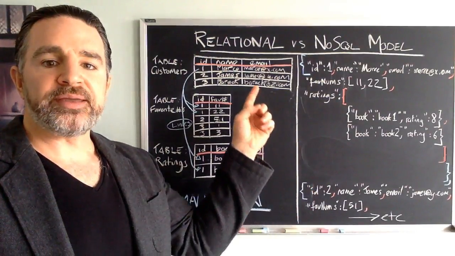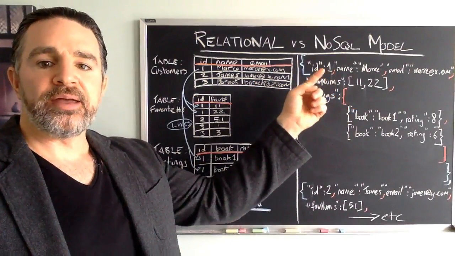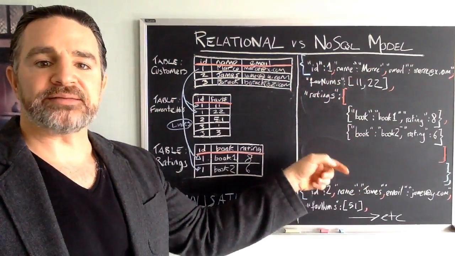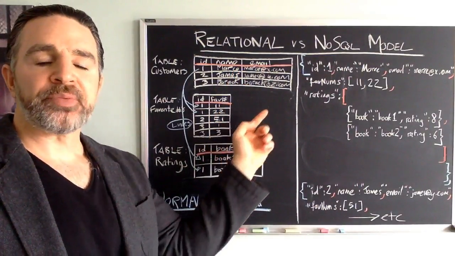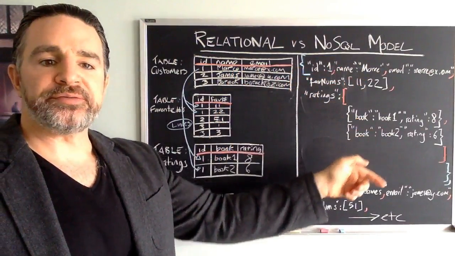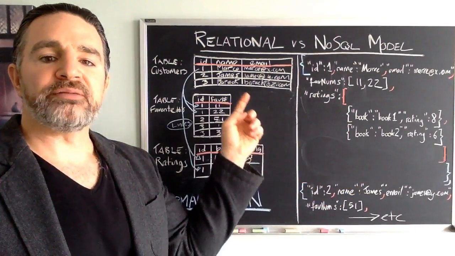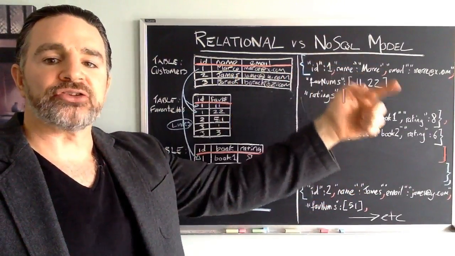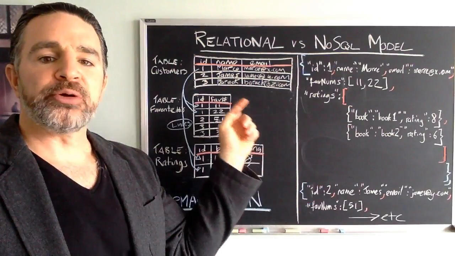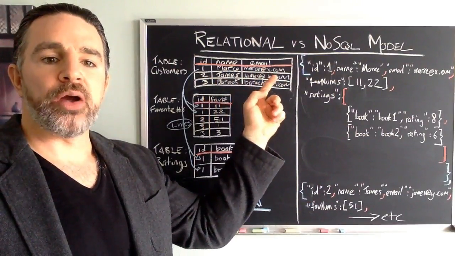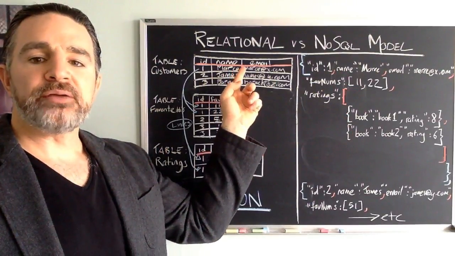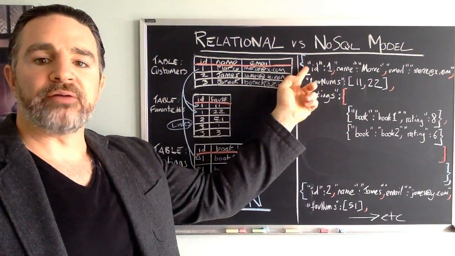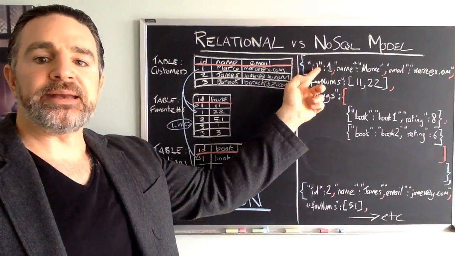Now, the key difference between these two models here, this data here is replicating the data that we have across these 3 tables. With NoSQL, the equivalent of a table is called a collection, and the equivalent of a row is called a document. So if you note this here, where I've replicated, I have my ID of 1.